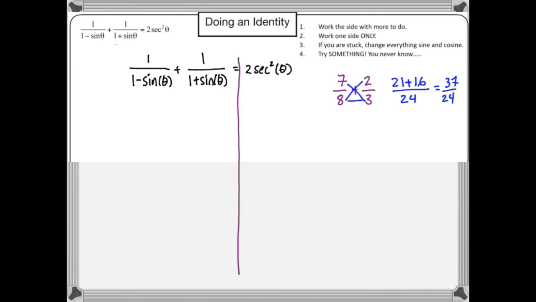Now I'm going to do the same thing here, except I'm going to have a sine sprinkled in, and I'm going to multiply those out.